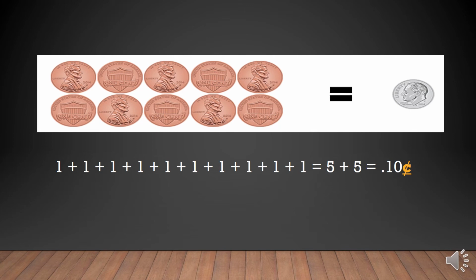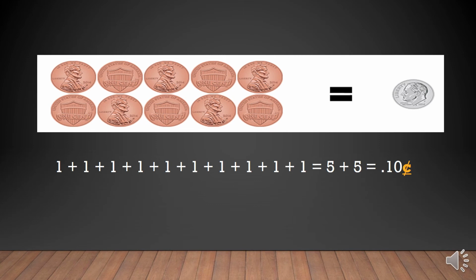Well, let's look at our pennies. 1, 2, 3, 4, 5, and then we added 5 more. 6, 7, 8, 9, 10. 10 pennies equals 1 dime.